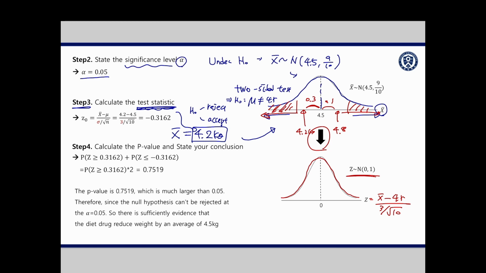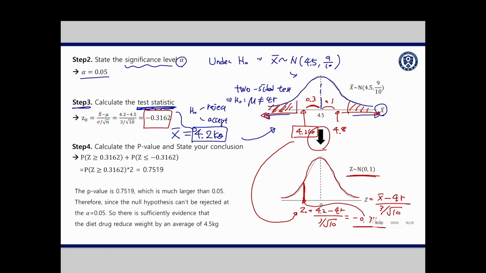So the test statistic according to X bar equal to 4.2 kilograms is Z equal to 4.2 minus 4.5 over 3 over square root of 10, so equal to minus 0.3162. So the test statistic in the standard normal is minus 0.3162, this point.